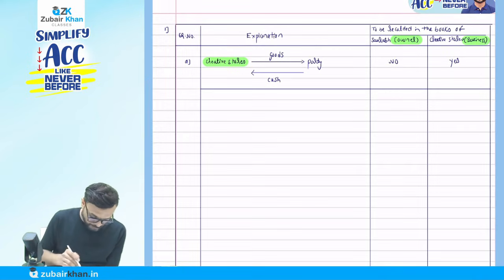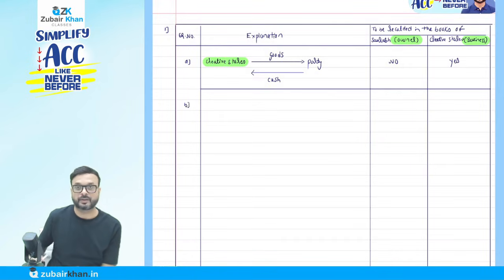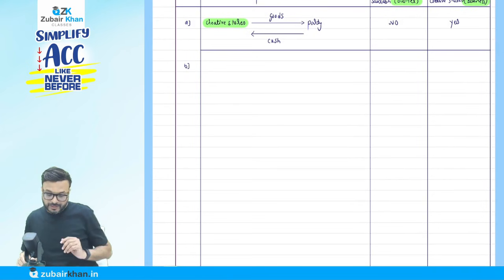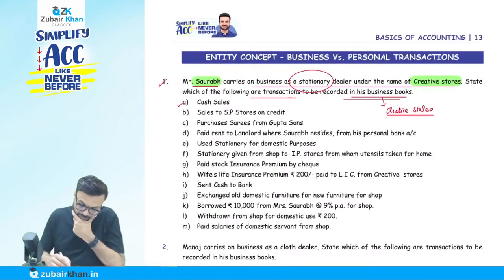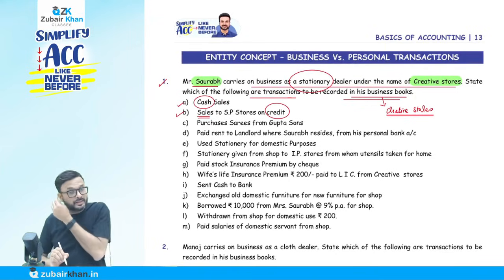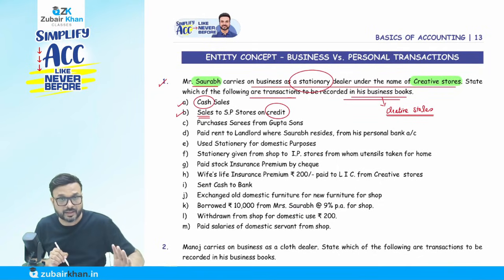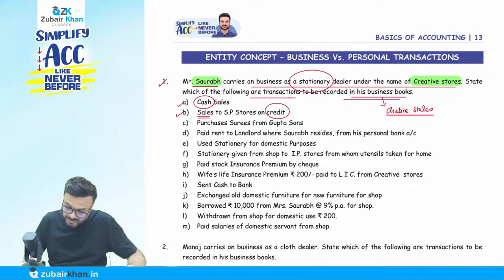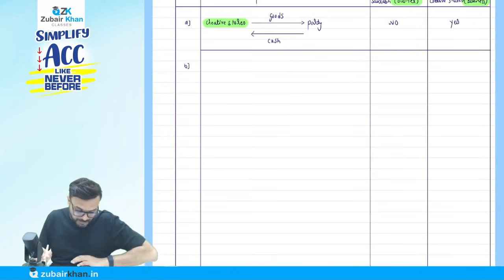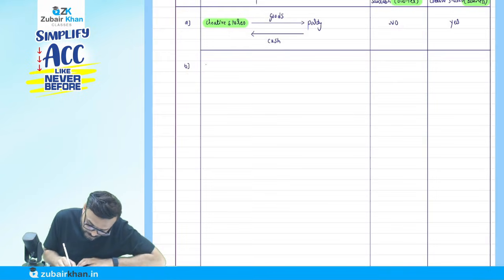Now write down point number B. Now in point number B, it says sales to SP stores on credit. On credit means we are selling something to SP stores, and the amount is not yet received. So what does it mean? Write down the creative stores.